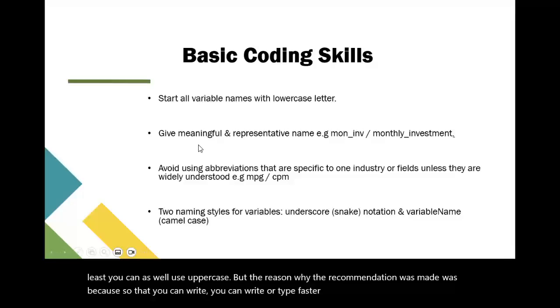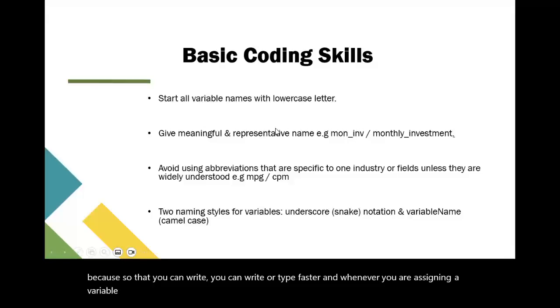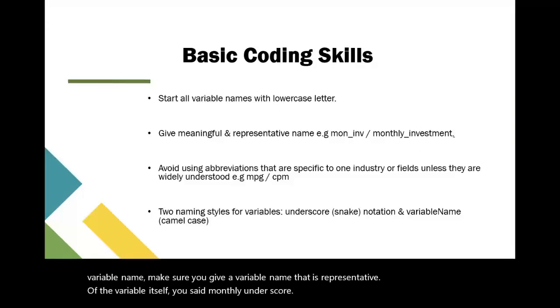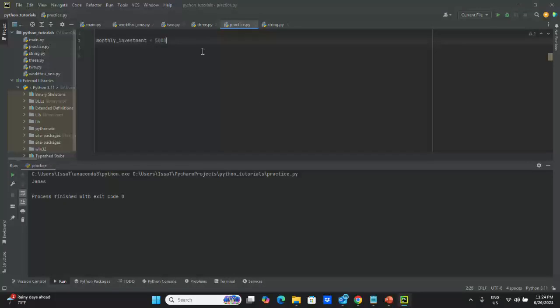And whenever you are assigning a variable name, make sure you give a variable name that is representative of the variable itself. You say monthly underscore investment. If you write something like mon underscore inv equals 5,000, people will not really understand what you mean by this.